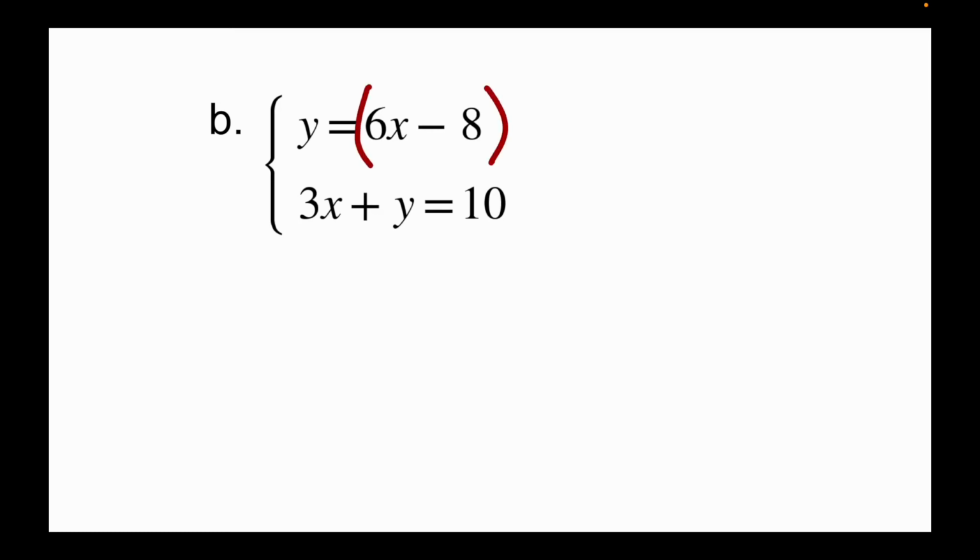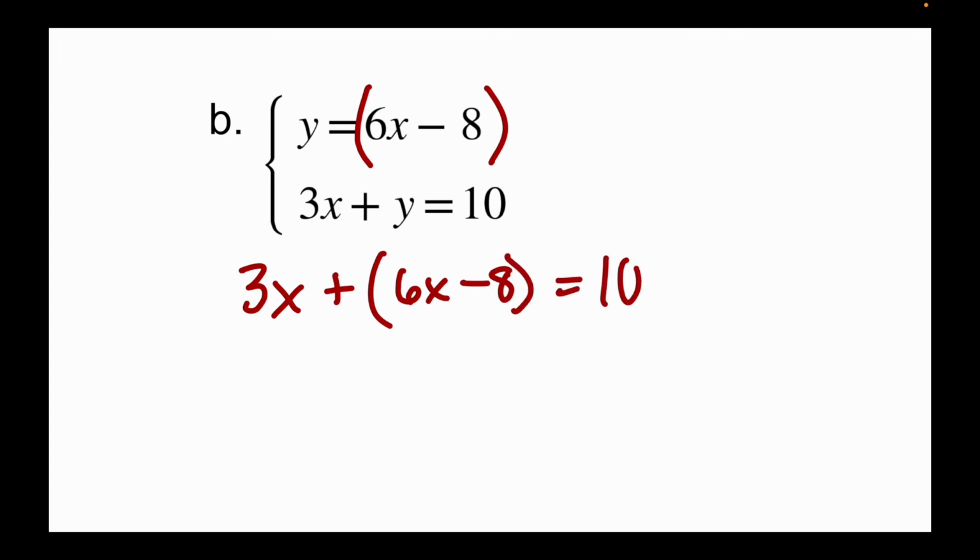So substitute is going to be 6x minus 8, so we'll have 3x plus, I still like to use parentheses, 6x minus 8 equals 10. And in this case, we don't need them because there is no coefficient on y, but it's still good practice.